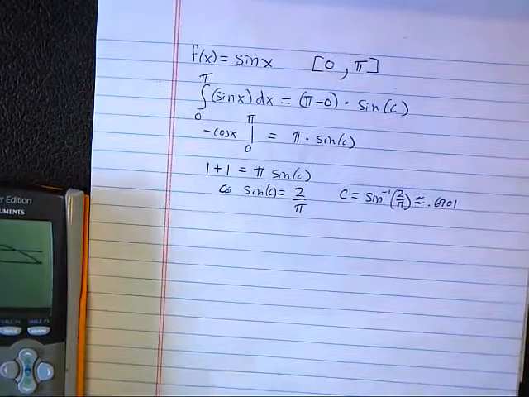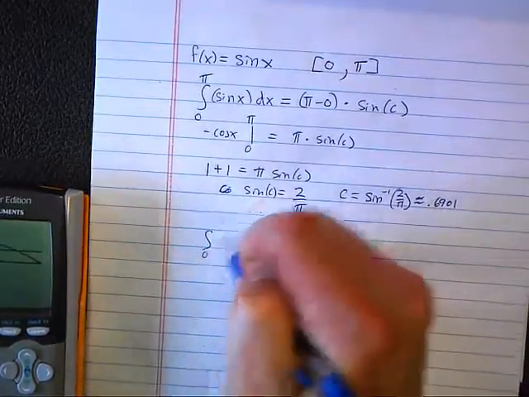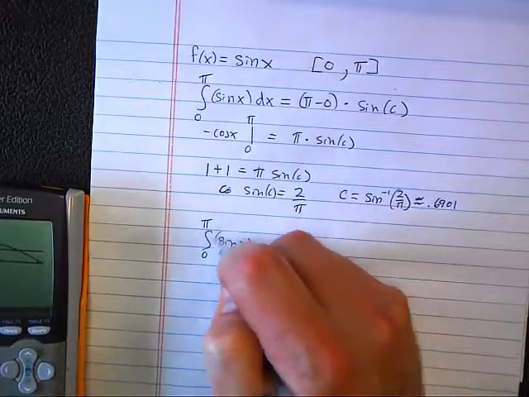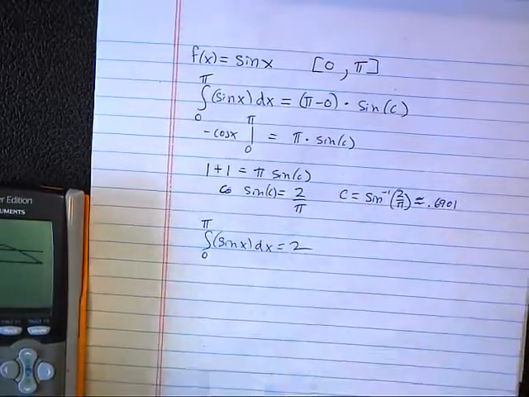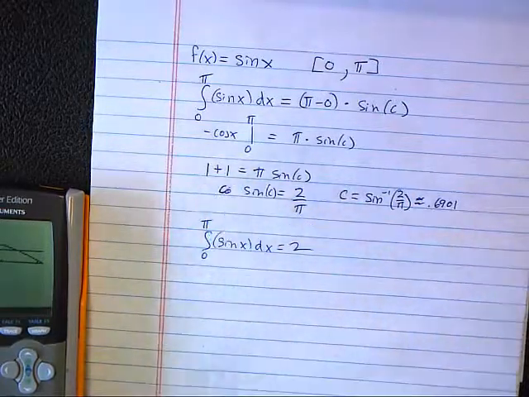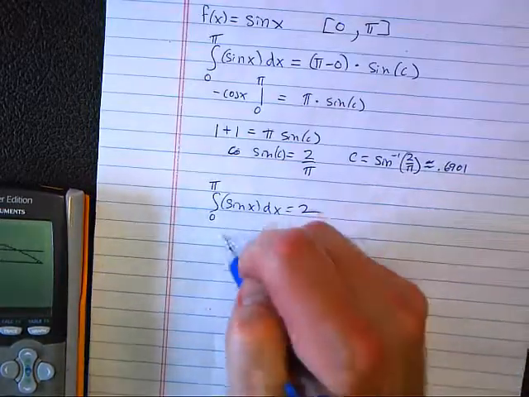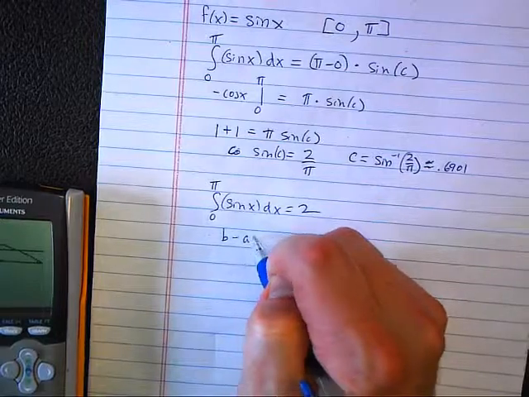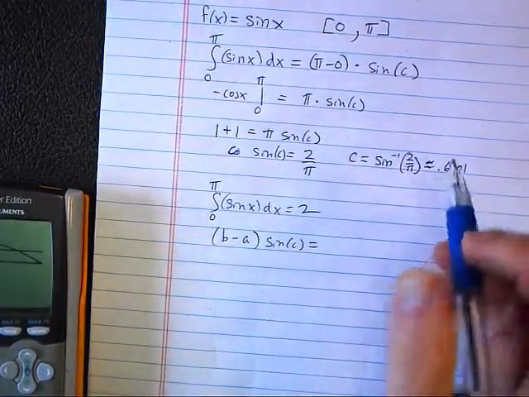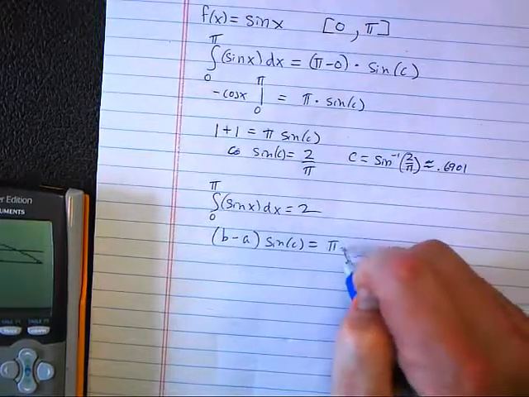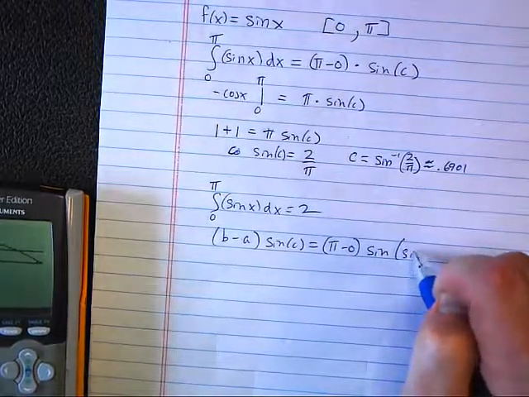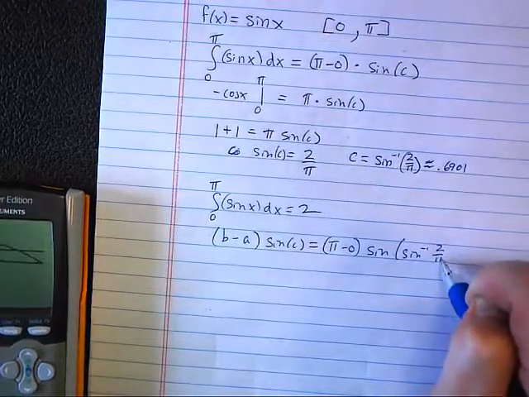Well, I know the integral from 0 to pi of sine x dx is 2, right? I figured that out in this problem. And then b minus a times sine of c would be pi minus 0 times the sine of the sine inverse of 2 over pi.